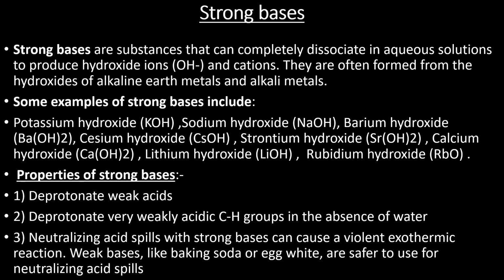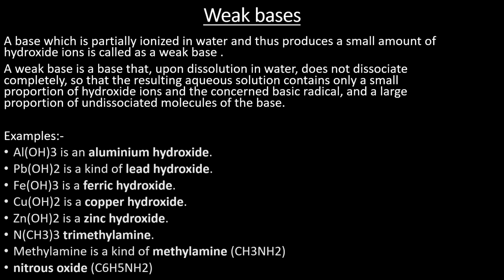The mixing of acid spills with strong bases will generate a large amount of heat. Weak bases like baking soda or egg white are safer to use for neutralizing acid spills because they will not produce such a big amount of heat. So they are safe.